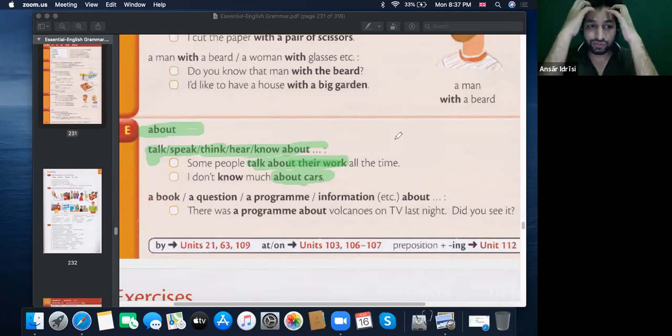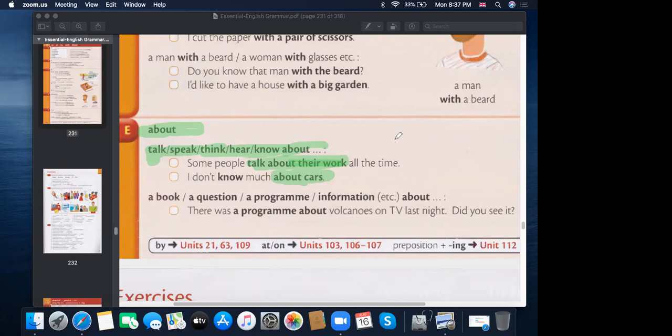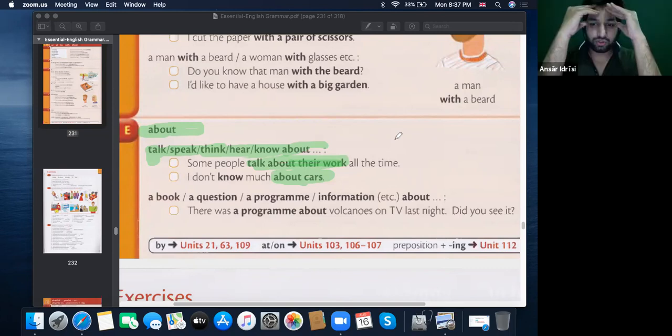Next. About मतलब उसके बारे में. Talk about, speak about, think about, hear about. I want to say something about this. She is talking about her wedding. He's about 20. Okay. But ये वो वाला about नहीं है. वो about जो आप बोल रही हैं, उसका मतलब होता है आसपास. For example, I will quit the class about 9. 9 के आसपास.